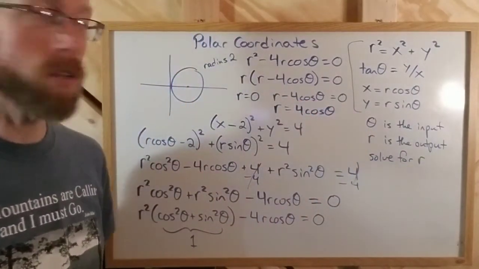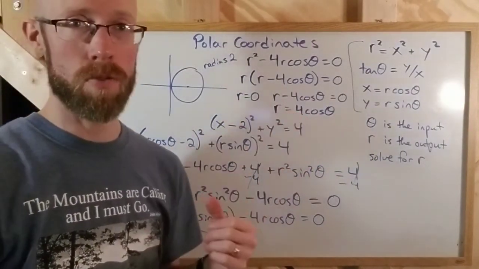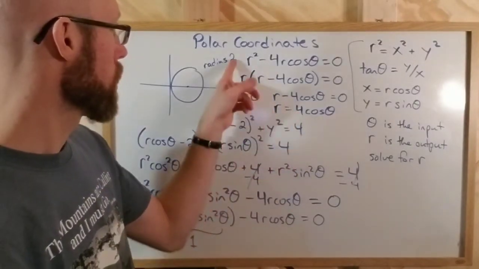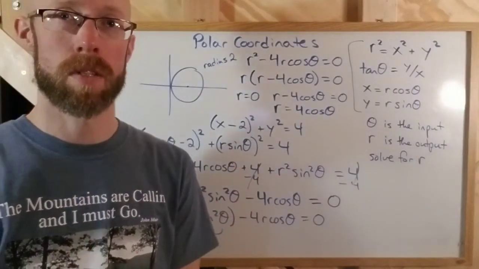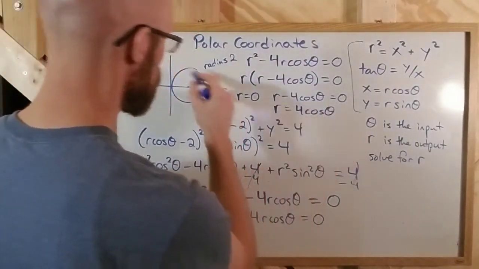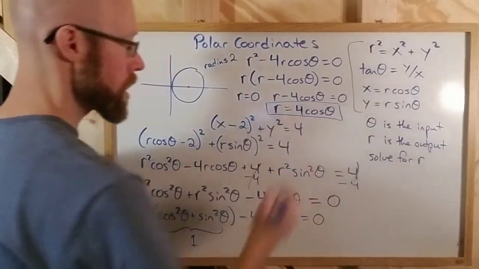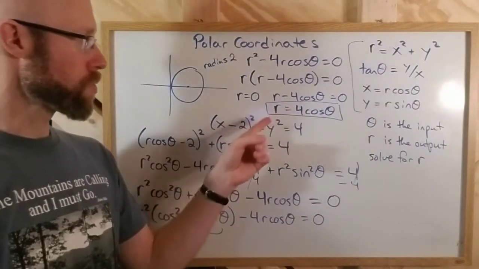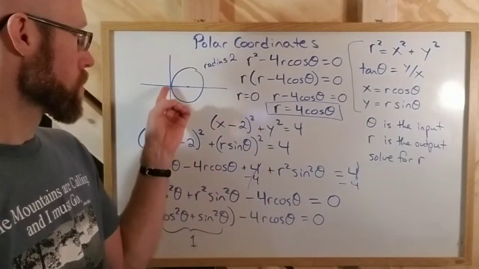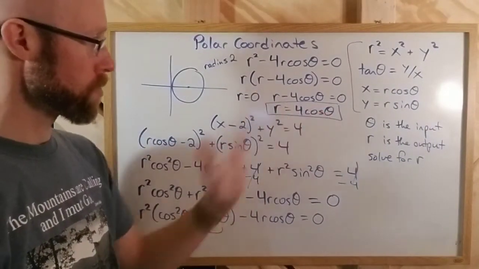Interesting. Okay, so this coefficient on the cosine ends up being the diameter of that circle. That's kind of interesting. So technically the equation for that circle is r equals 4 cos theta. Of course, that's only true when the radius is not 0. If the radius is 0, then you just have that one other point there at the origin. So the whole circle really would include this.